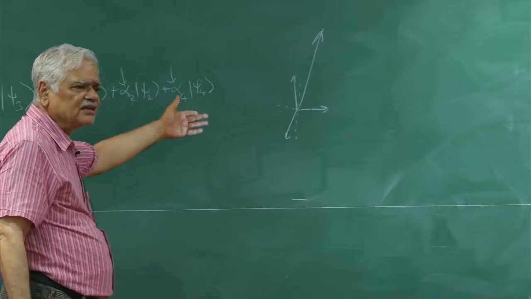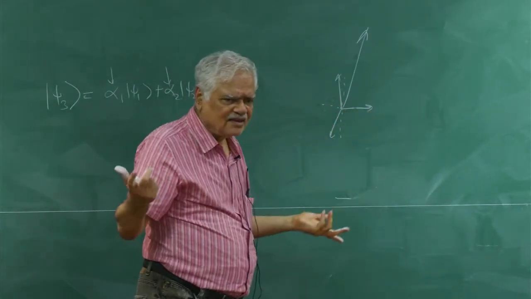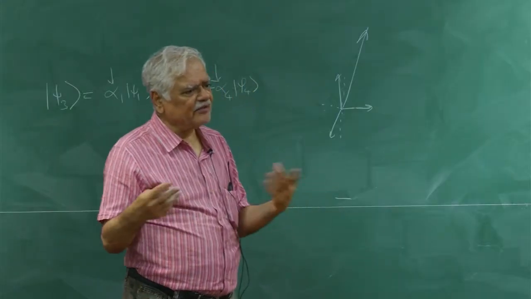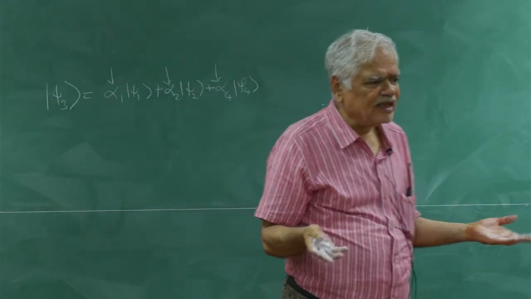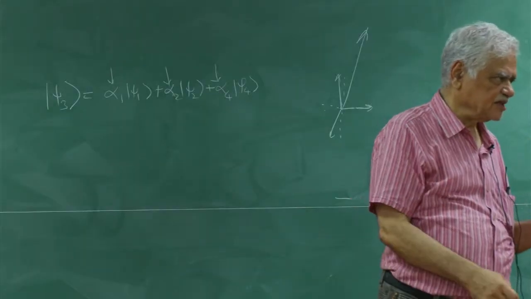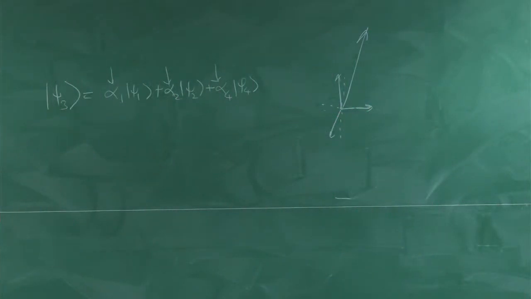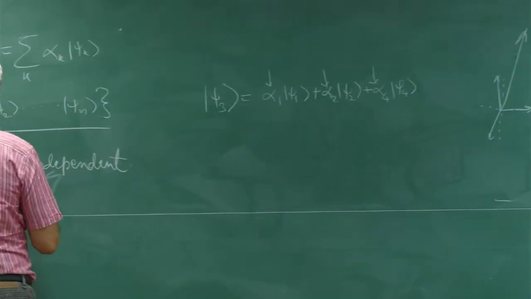And you can have uncountably many bases. You just shift it, rotate it, do something, every time I am going to get a new basis, and I will be able to write any vector as a linear combination of that basis. In the same way, I can get many bases in my space.